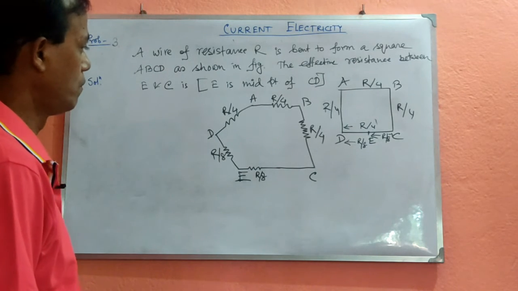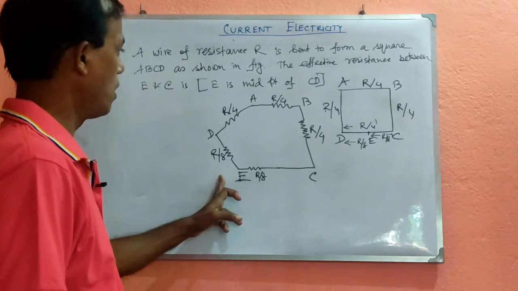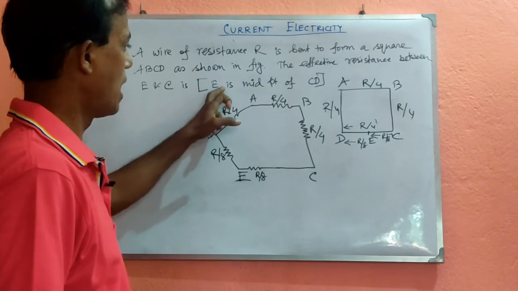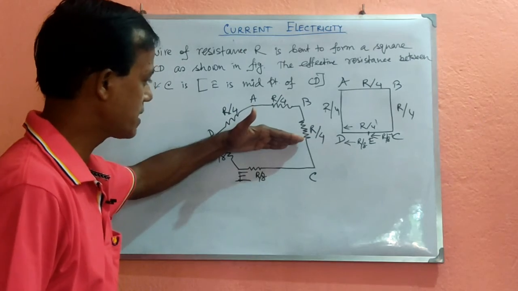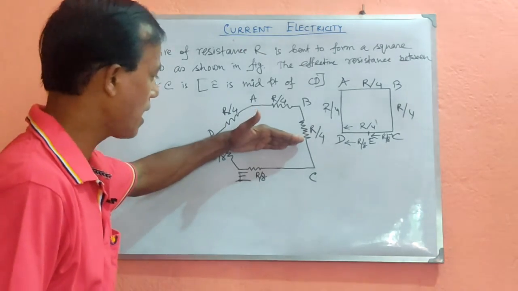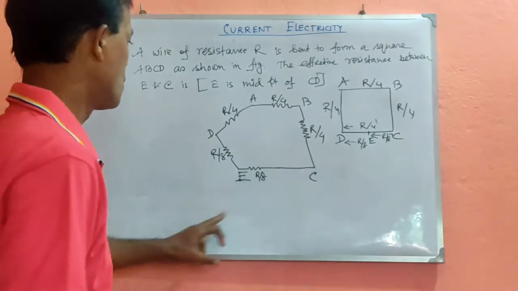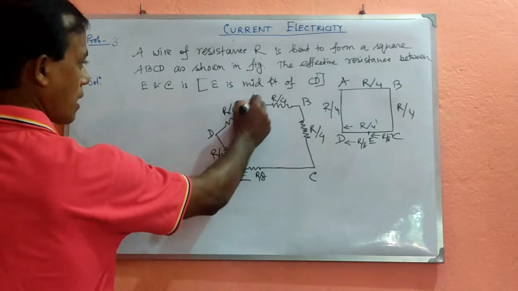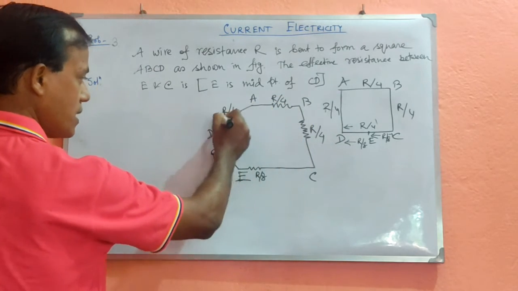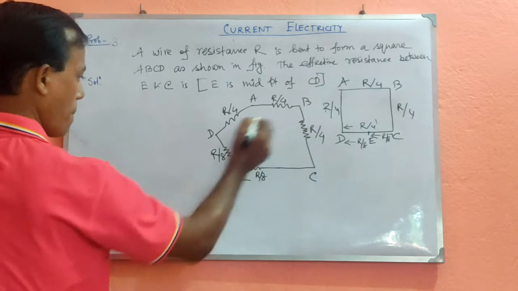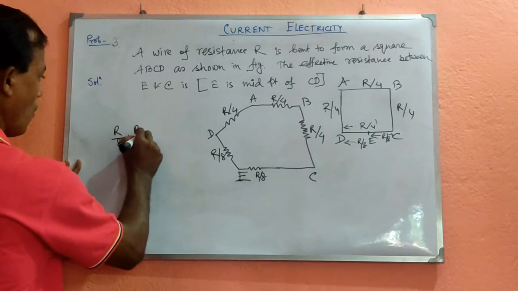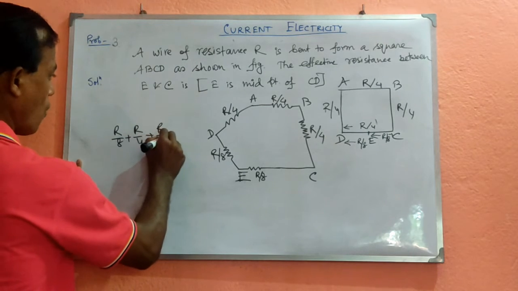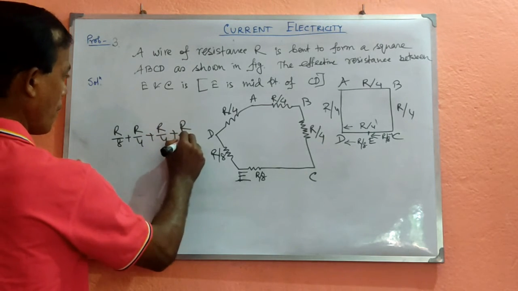Now all those resistances are in series, and this equivalent resistance is parallel with R by 8. So we have to first calculate the resistance along this: R by 8 plus R by 4 plus R by 4 plus R by 4.